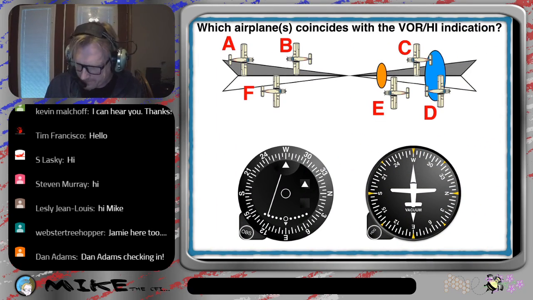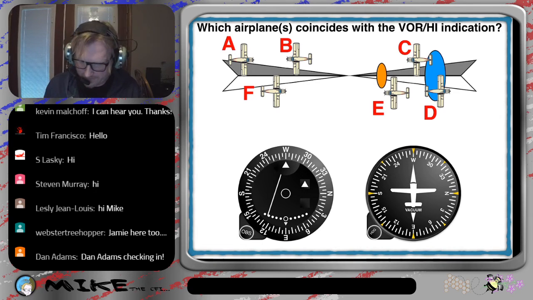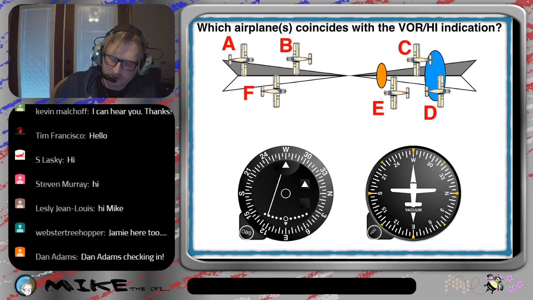Look at these kind of questions. So here we have a localizer tuned in. We're heading westbound. On the VOR, whenever we're tuned to an ILS station or a localizer, what we have in the OBS doesn't really matter.